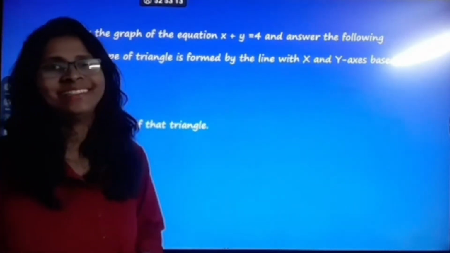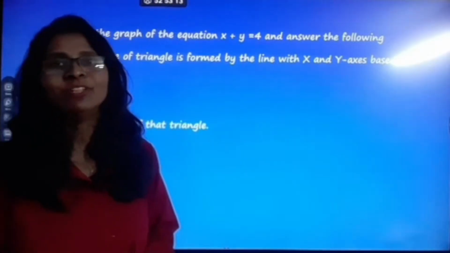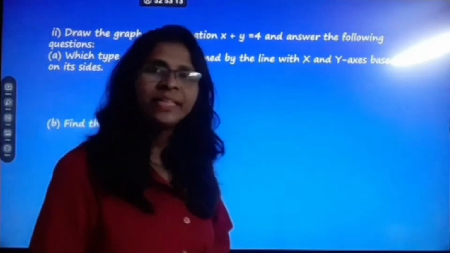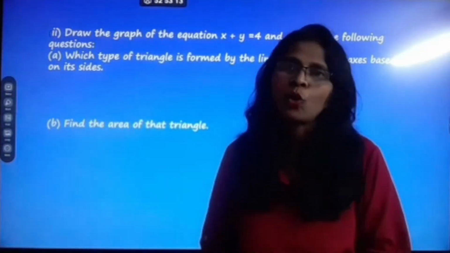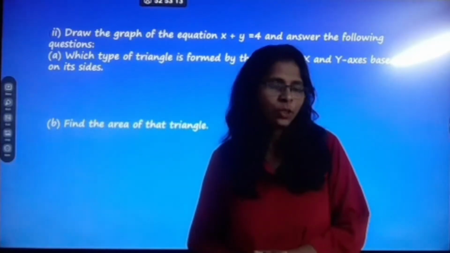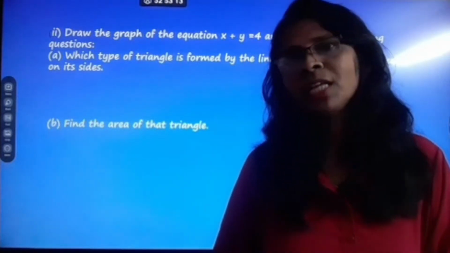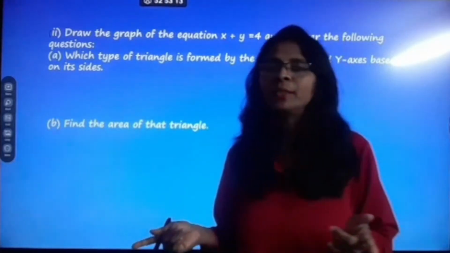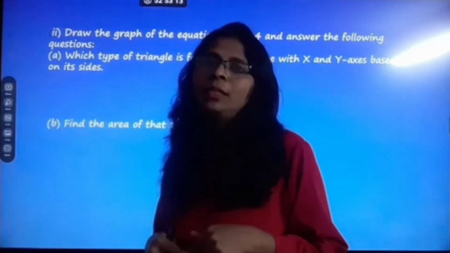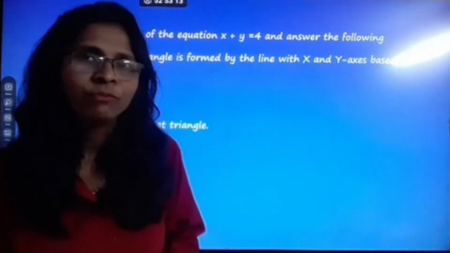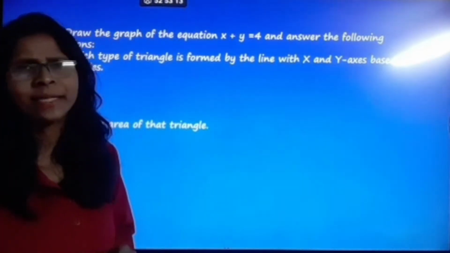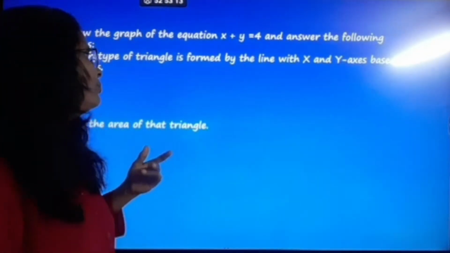Before drawing the graph, we have to find out the coordinates of the given equation. Okay students, the coordinates of the given equation. So for that, we make the table first, for the given values of x and y. That is your wish.